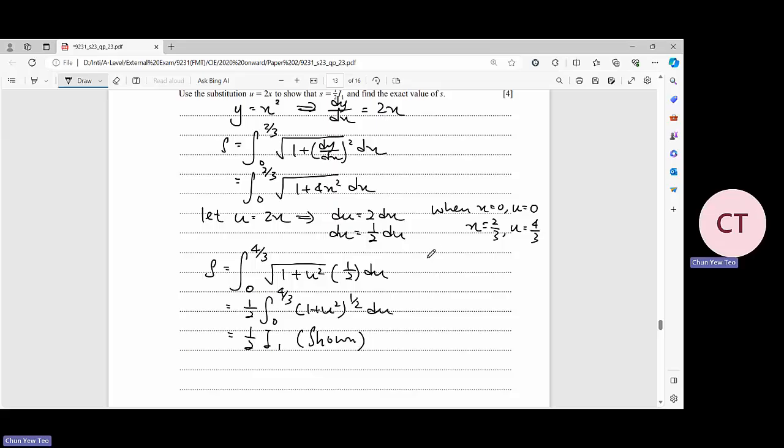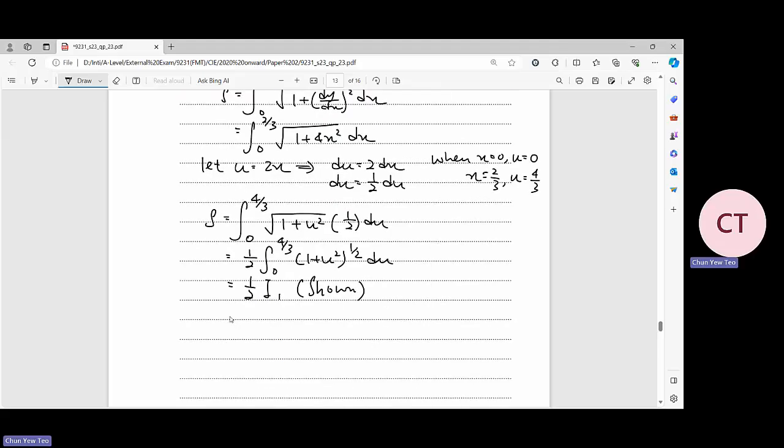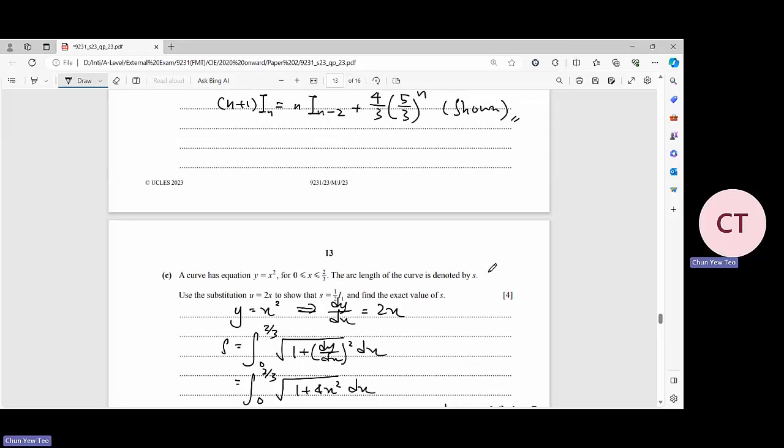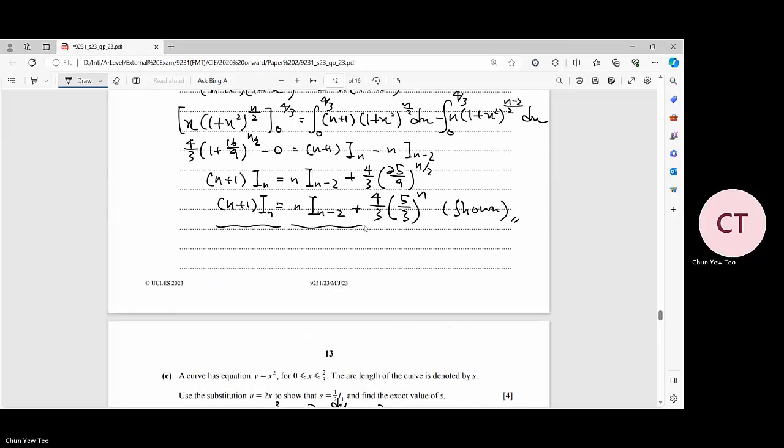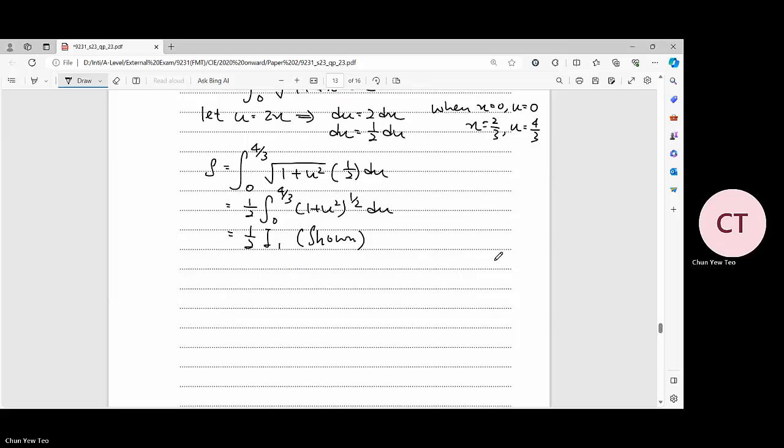Then after that, they want you to find the exact value. From part B, we have n equals 1.